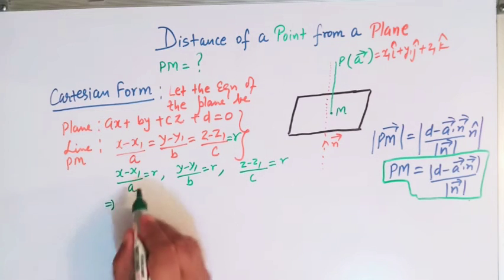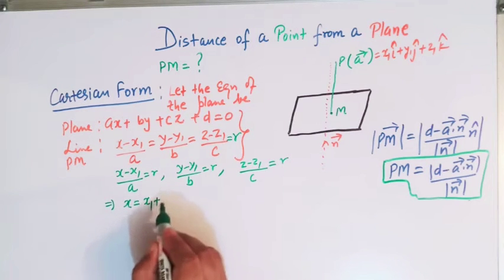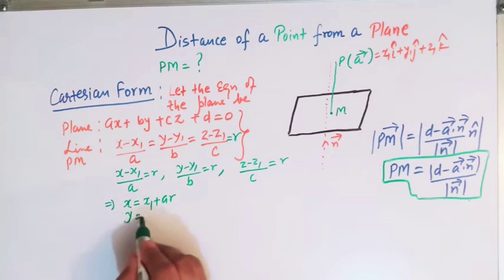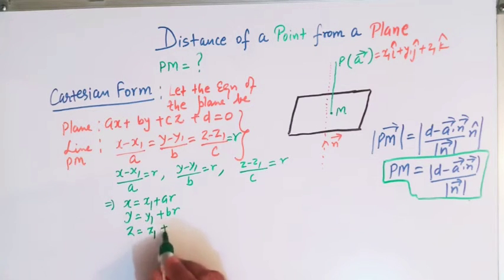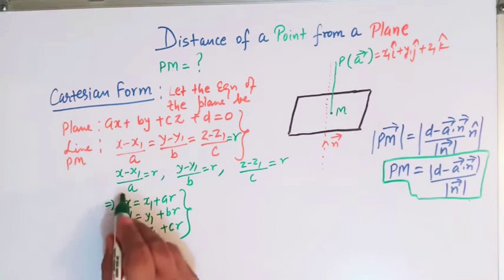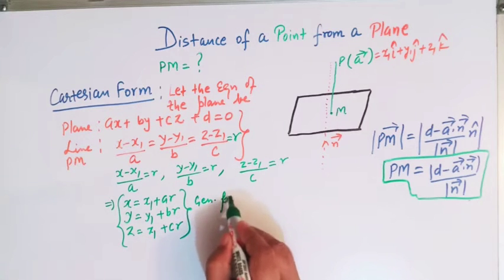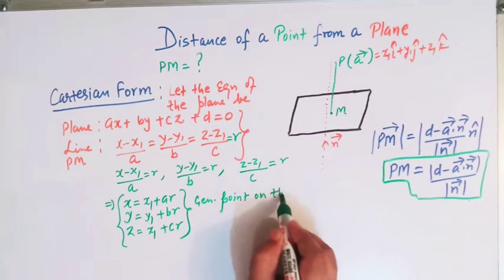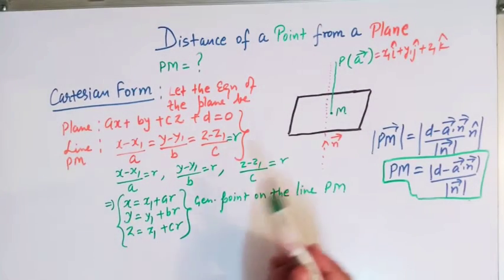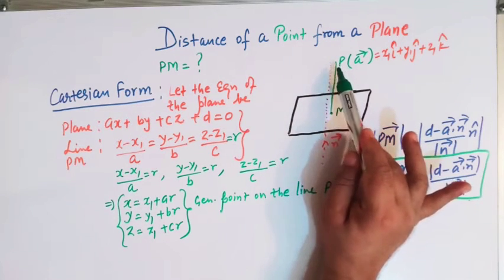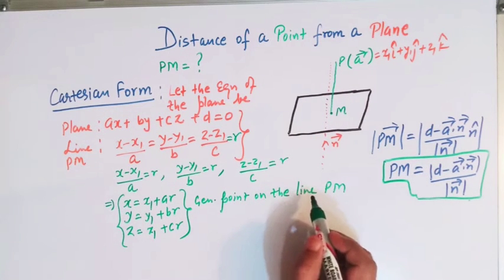From these three equations we have x = x1 + ar, y = y1 + br, and z = z1 + cr. So x, y, z are the coordinates of a general point lying on this line PM.